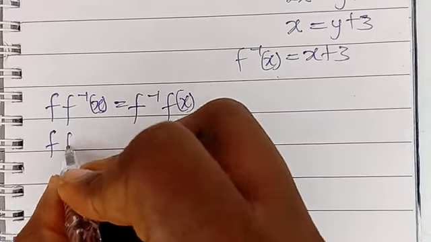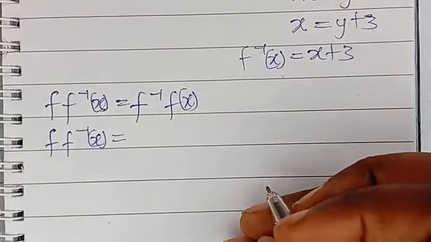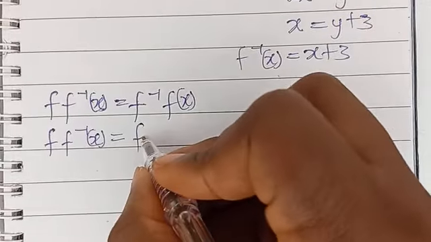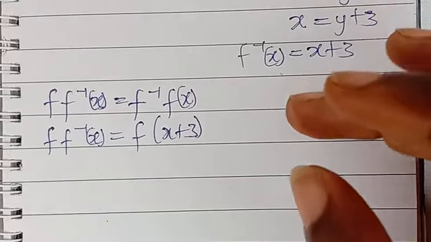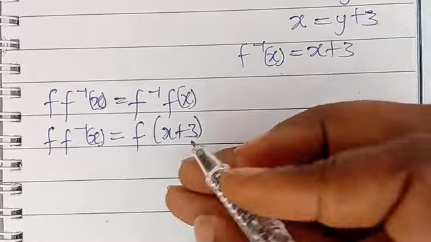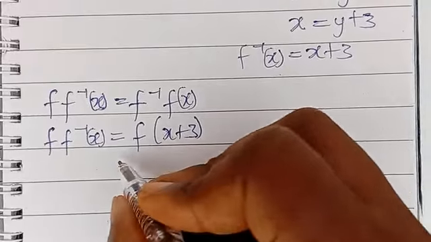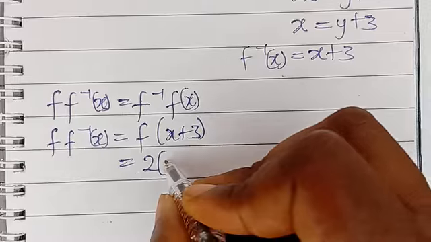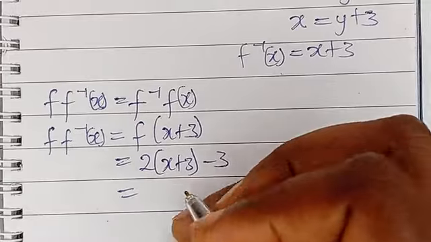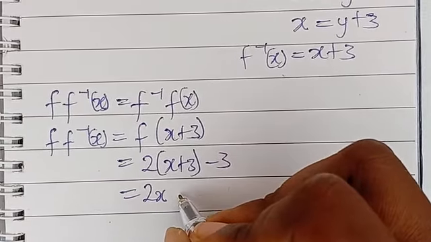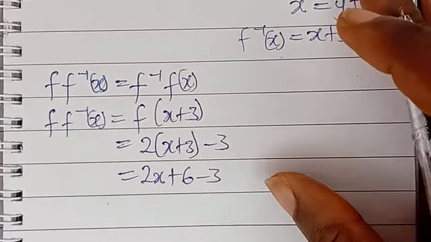So f of the inverse of f of x is equal to, we have that the inverse of f of x is (x + 3)/2. Then we had that f of x is 2x - 3. So wherever we see x in that equation, we have to put in this. We have that this is equal to 2 times (x + 3)/2, minus 3. We open up these brackets to have 2x plus 6 minus 3.